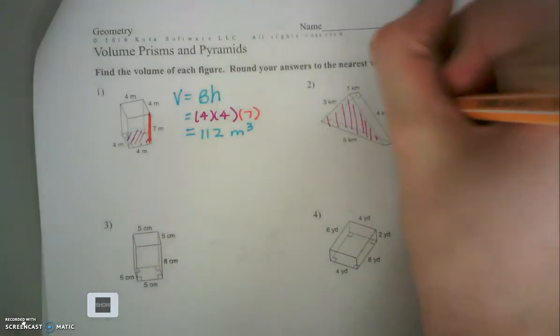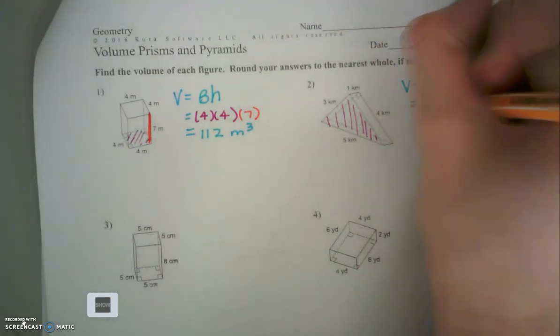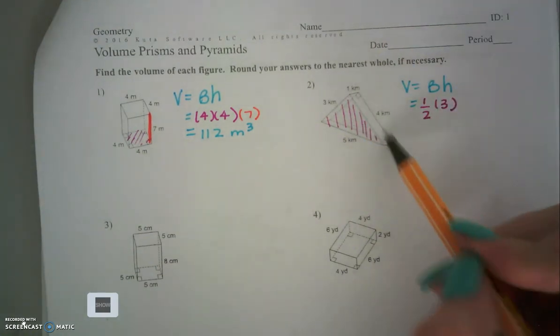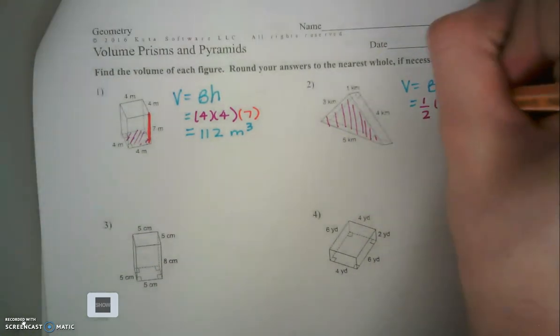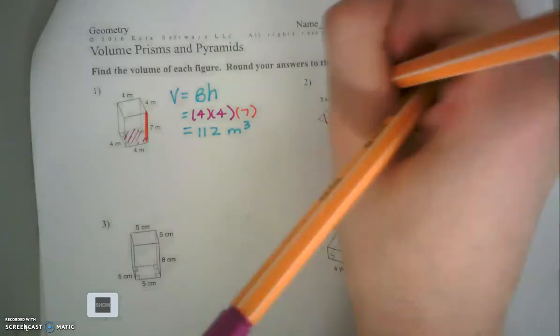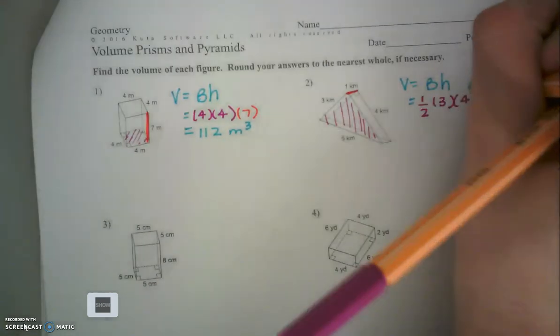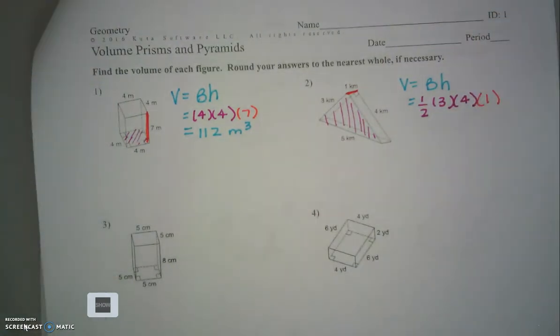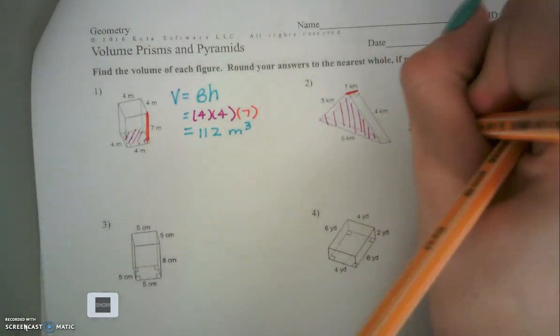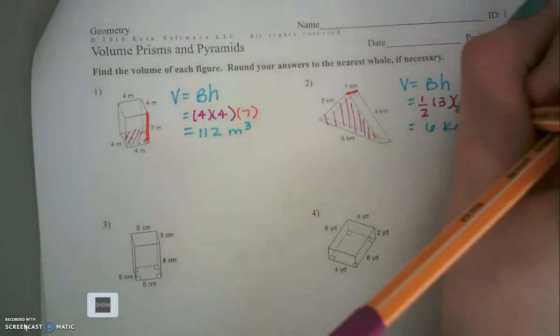So this is going to be 1/2, 3. And this length of 4 is also the height of my triangle. So times 4. And then how much is my triangle being bumped out? 1 kilometer. So if I were to put this into my calculator, I'm going to get 6 kilometers cubed.